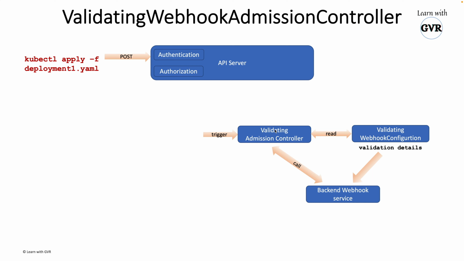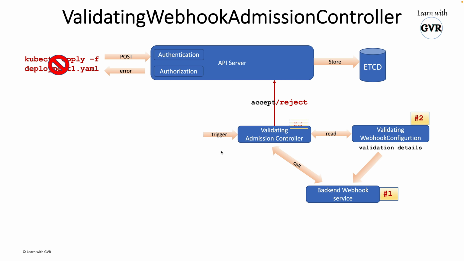Whenever something hits this API server, it will read this configuration, call the webhook, and accordingly decide whether to accept the request or throw an error. If it is all good, go and store it into etcd. If not, it will throw the error back to the deployment saying that this deployment has some problem, with some validation message. This is how typically a validating webhook controller works.